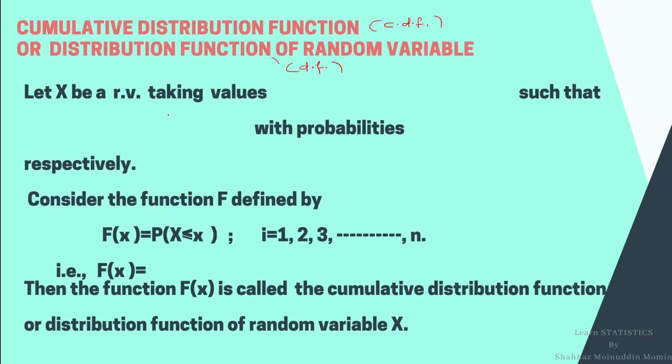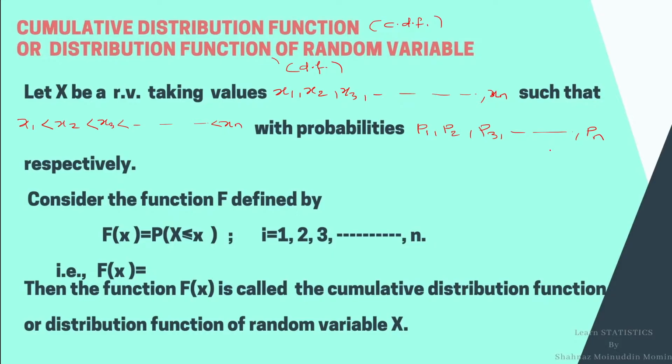Suppose x is a random variable taking values x1, x2, x3, up to xn, such that x1 is less than x2, less than x3, less than xn, with probabilities P1, P2, P3 up to Pn respectively.